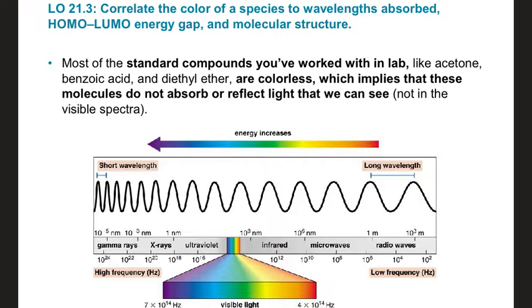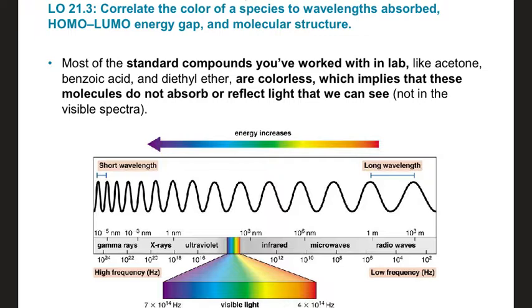All right, so we're going to go to the end of your chapter and learn about colors and vision again. Most of the standard compounds you've worked with in the lab, like acetone, benzoic acid, diethyl ether, well, we could use benzaldehyde as well in there, they're colorless, which implies that these molecules do not absorb or reflect light that we can see.